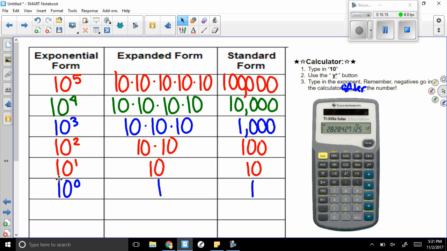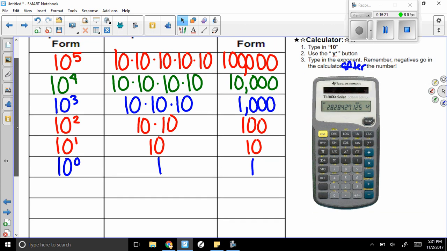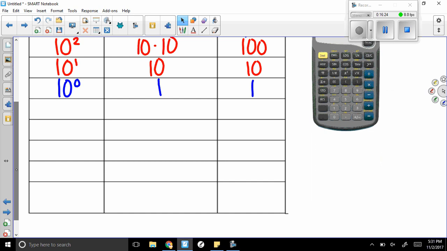Now I'm going to move my screen down so we can see the rest of my chart. All right, so underneath 0, we are going to fill in 10 to the negative first power. Now this is where it gets a little bit tricky because we have those negatives. Remember, the negative puts it in the denominator of the fraction.